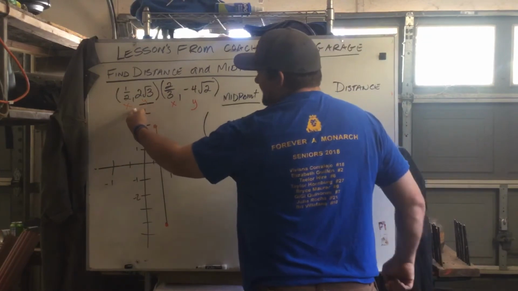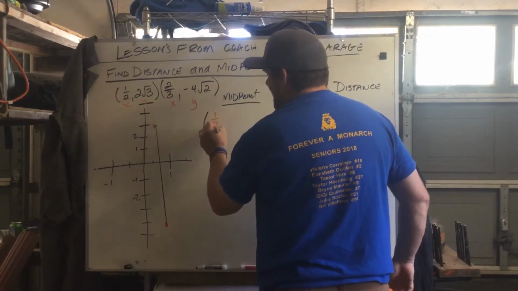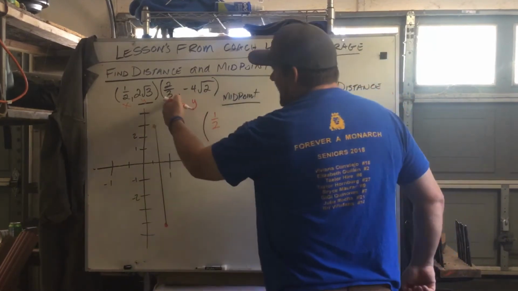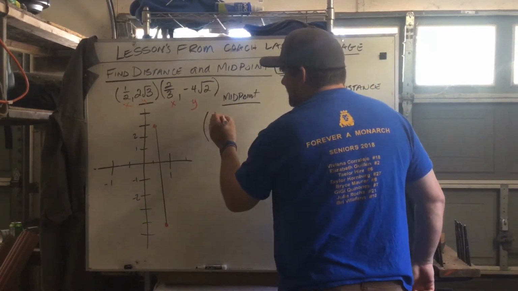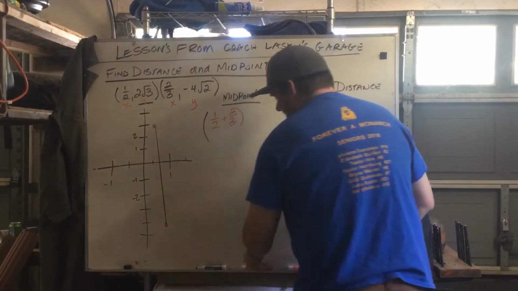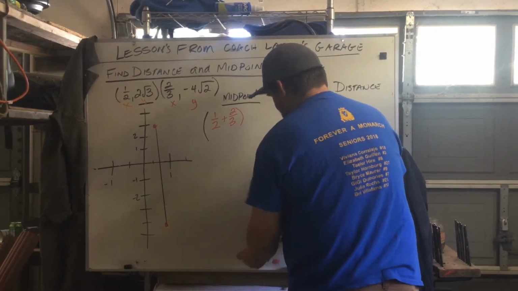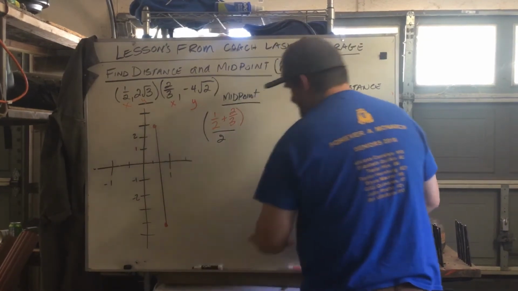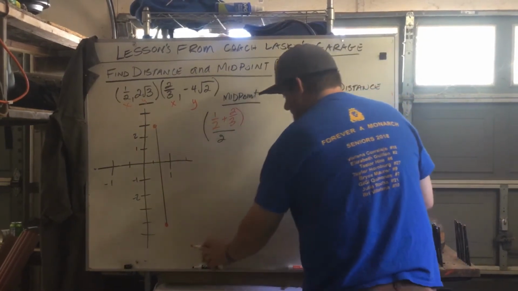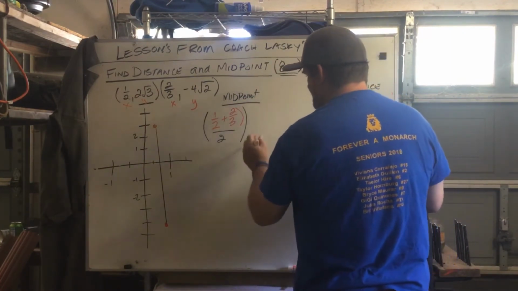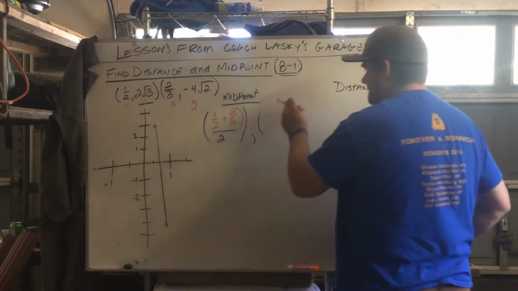take this x 1/2 plus 2/3, and we're going to divide that by 2. That gives me my new x value. And then my y values are going to be a little different.